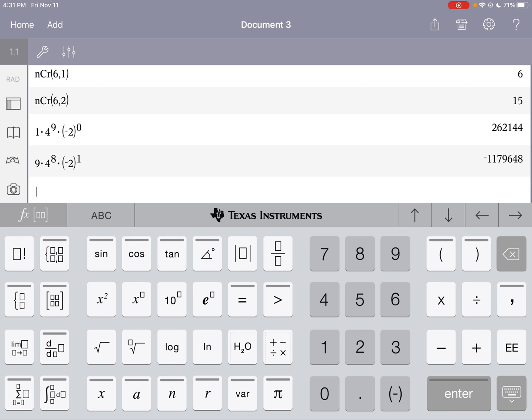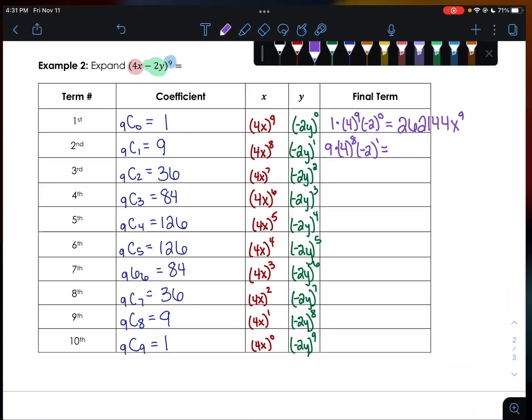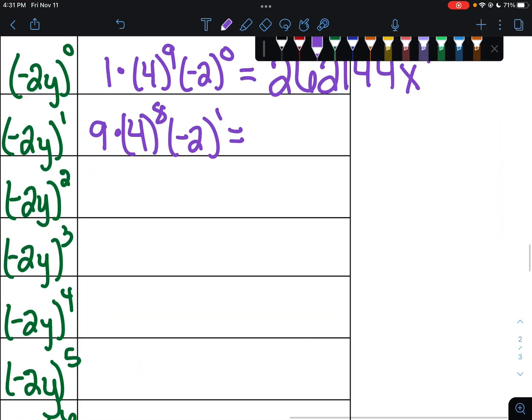Press enter, and we get this number right here. So that's the number that we're going to write. And yes, it should be negative. Because that middle sign is negative, our signs will alternate between positive and negative, positive and negative. And our exponents would be x to the 8th, y.